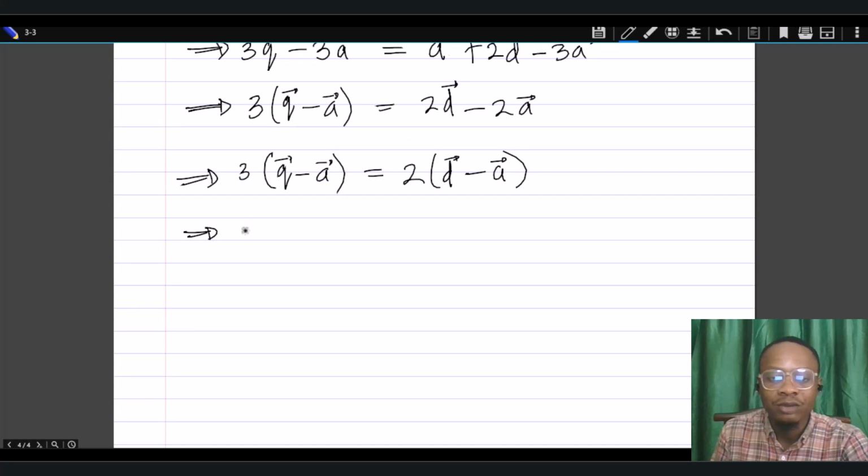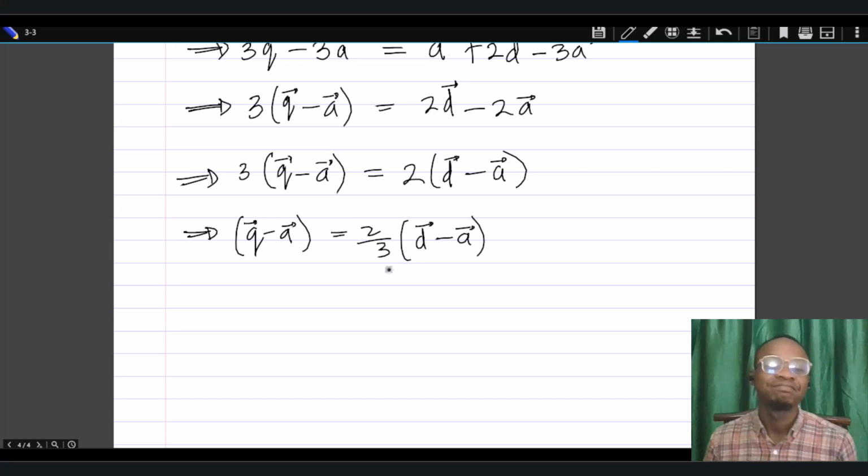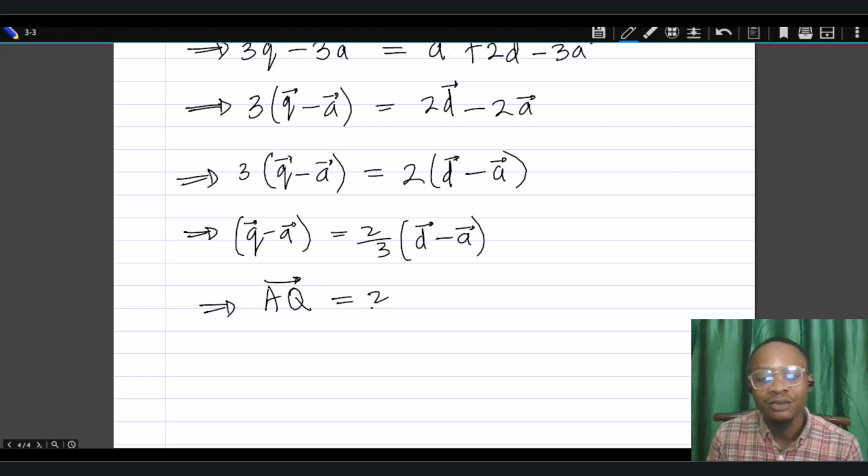This is going to give us Q minus A equal to 2 over 3 of D minus A. So what is Q minus A? Q minus A is AQ. So AQ is equal to 2 over 3 of D minus A, which is AD.